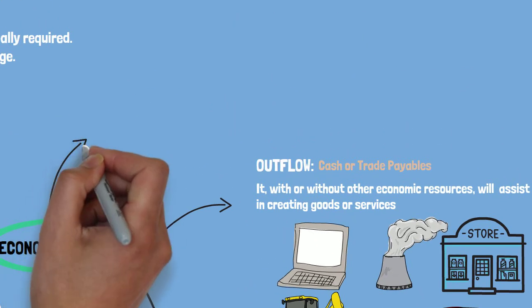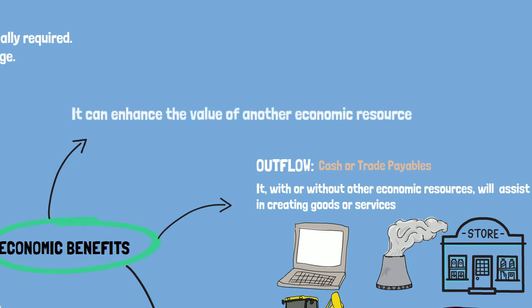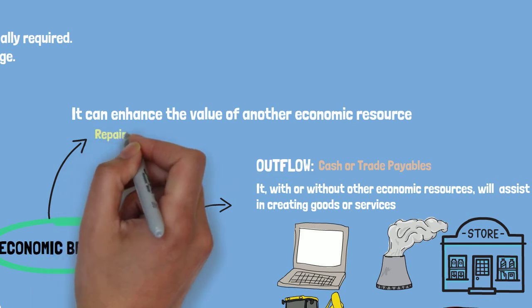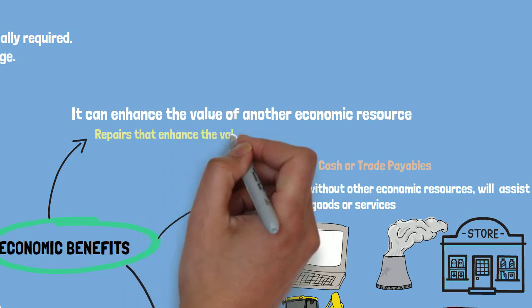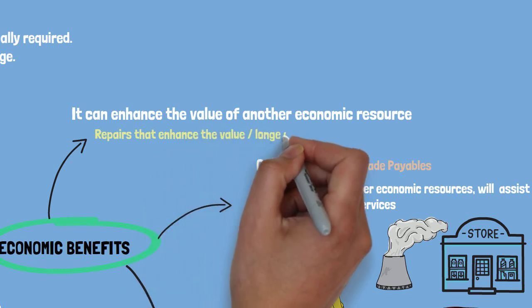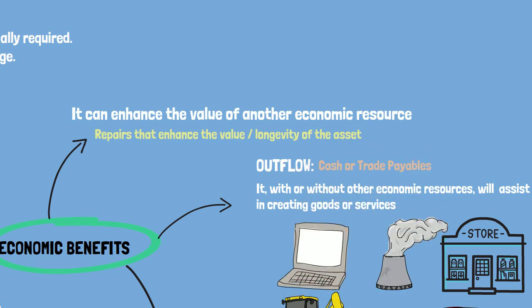Or you may be in a situation where the economic benefit you're receiving is that it is enhancing the value of another asset. It's enhancing the value of another economic resource. We gave the example last week of replacing a plane engine. That will increase the value of the asset. It increases the longevity of an asset.